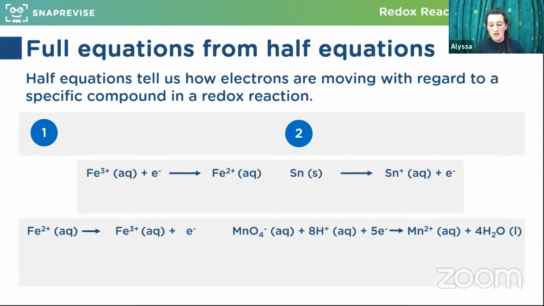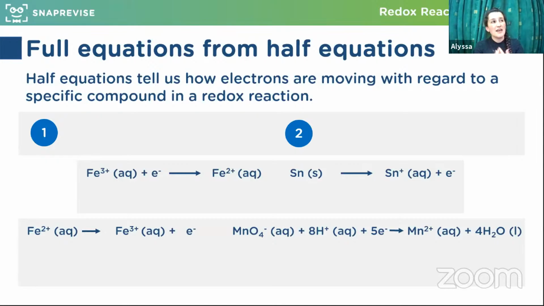And when we talk about half equations, we are nearly always talking about a redox reaction. The red is reduction, and in redox, the ox is oxidation. So one half is reduction, the other half is oxidation. And when we talk about half equations, we need to include electrons.